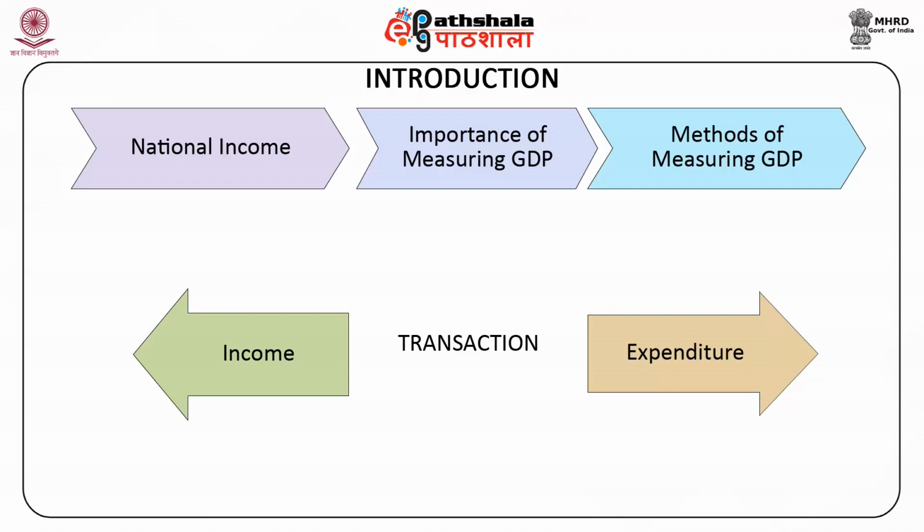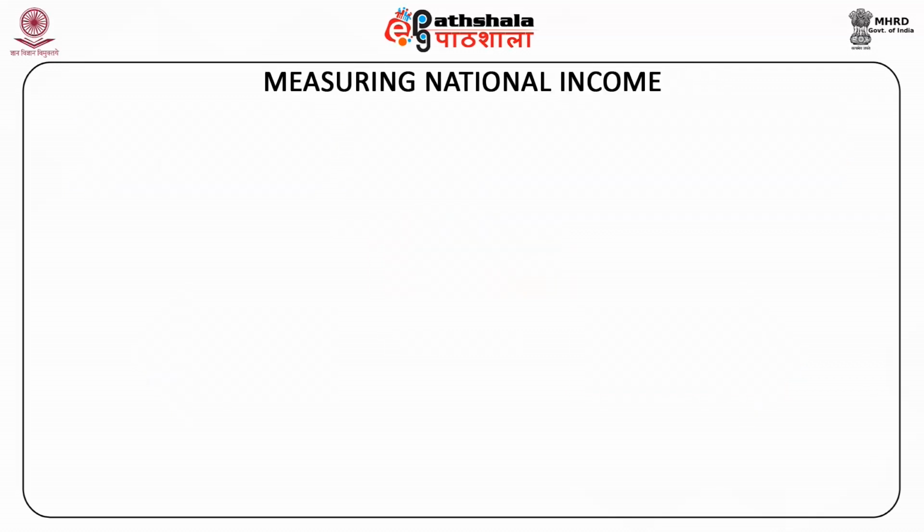Accordingly, GDP can be measured from any of these approaches, the income approach or the expenditure approach. Apart from these two aspects of a transaction, there is one more aspect which focuses on the value added to the product. This forms the third approach, the value added approach. Now, let us look at these approaches in detail.